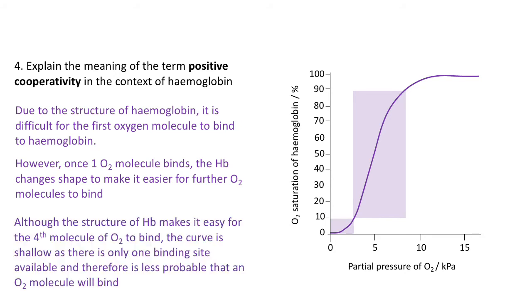And then finally, so that last part of the curve is actually quite shallow. It's not because it's difficult for that fourth oxygen molecule to bind. In fact, the opposite. It's easy for the fourth oxygen molecule to bind. It's just because there's only one binding site left, there's a lower probability of it binding. So that's why that slope is shallow.